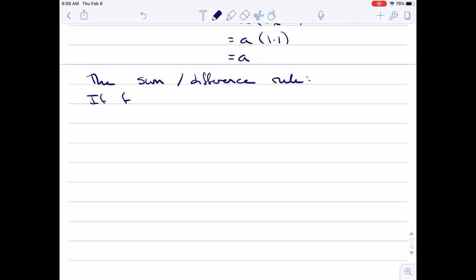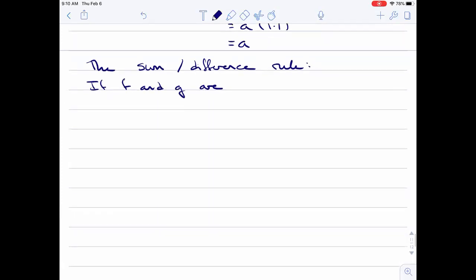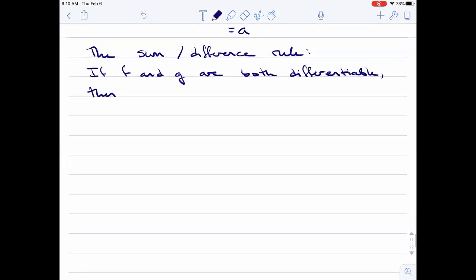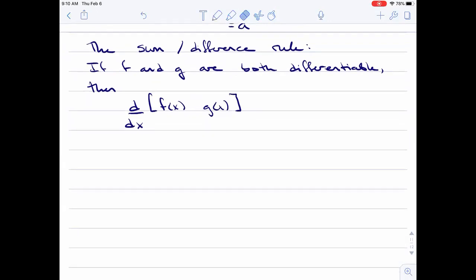We'll establish that if f and g are both differentiable, then the derivative d dx of f of x plus minus g of x, as long as we're consistent, is going to be the same as d dx of f of x plus minus d dx of g of x.